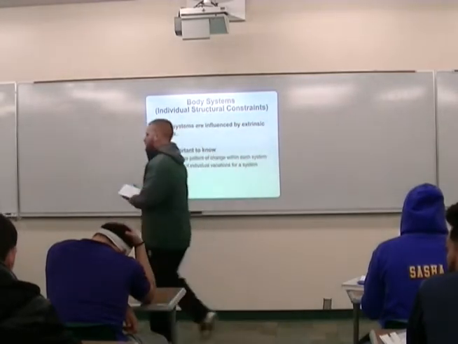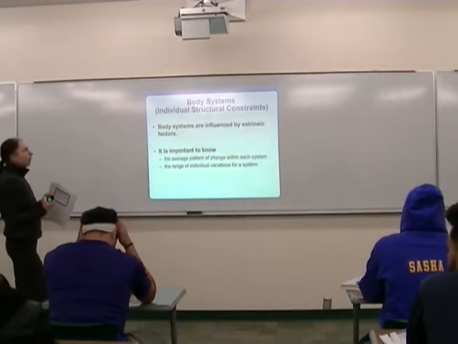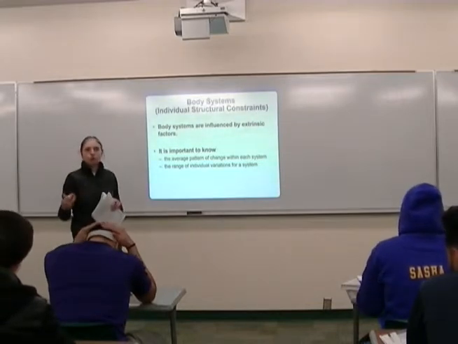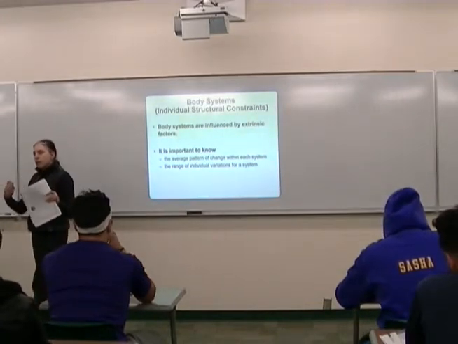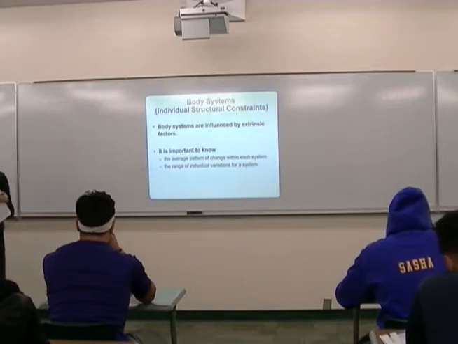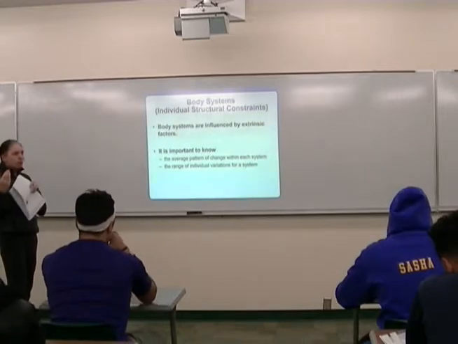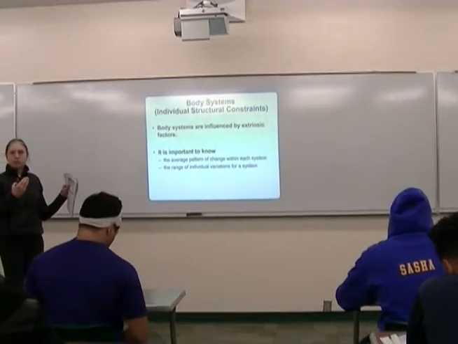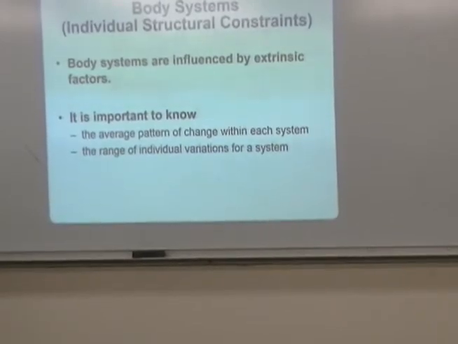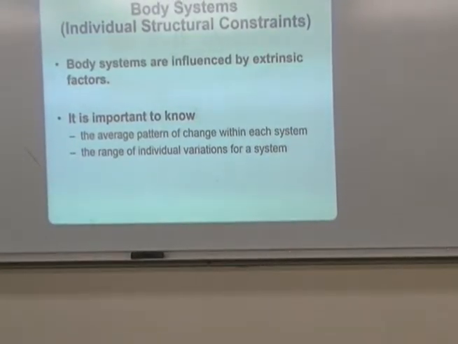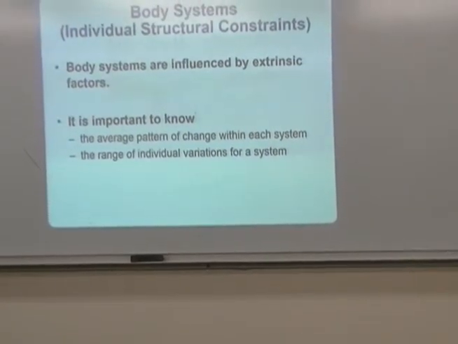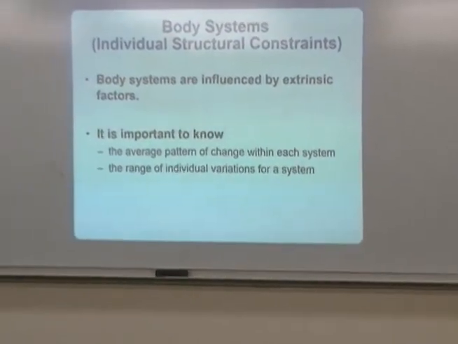So change in a body system would count as a structural constraint, and therefore any change ought to change the interaction among the constraints and lead to a different kind of movement pattern emerging. So maybe a slightly less effective movement pattern in certain circumstances, and in others a more efficient movement pattern.